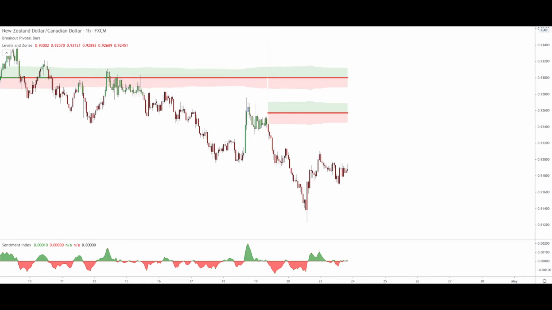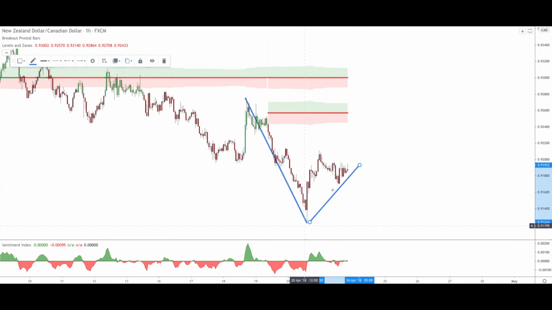In particular, I want to highlight this impulse that we got here and the consolidation that we are having right now. Well, technically the consolidation would be from this point on, but this is too steep, so this is not the actual consolidation. I believe the consolidation is more correctly this one.